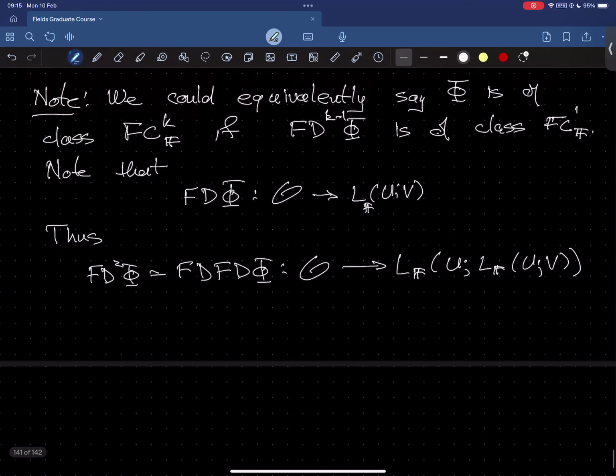But let's recognize this maybe as something a little bit more familiar. And it also maybe motivates why we talked about these multilinear mappings for the derivative before.